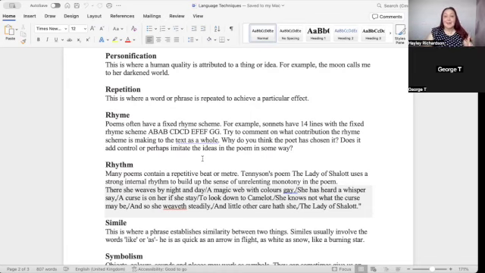Monosyllabic is a good word: mono is one, syllabic, syllable, one syllable. So it's like, I went to the shop. If they do that, it's usually because they're trying to educate, sometimes patronize, or teach or be clear about something.